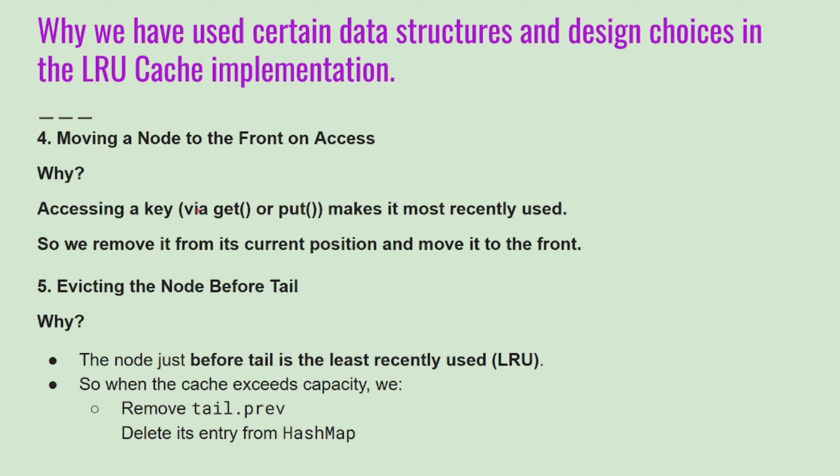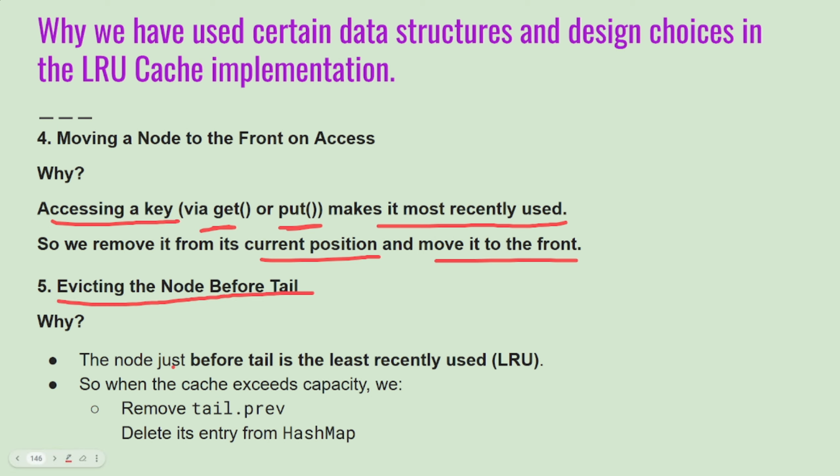So if we access a key either through get or put, it becomes the most recently used, so we remove it from its current position and move it to the front. If we are deleting a node before the tail, the node just before the tail is the least recently used now.